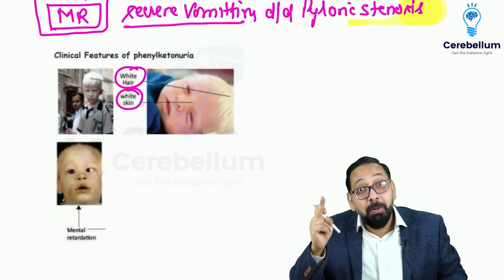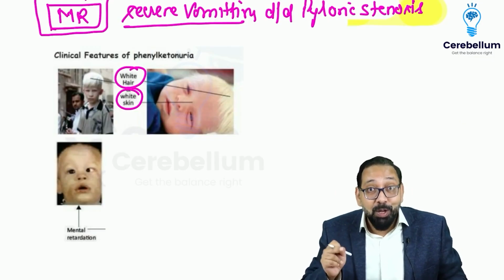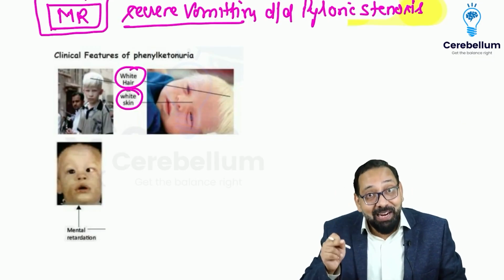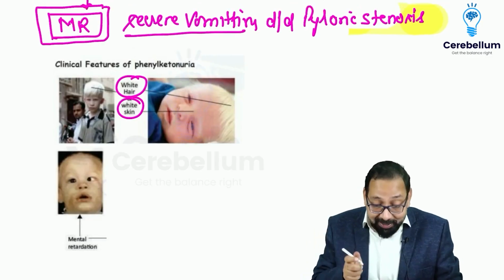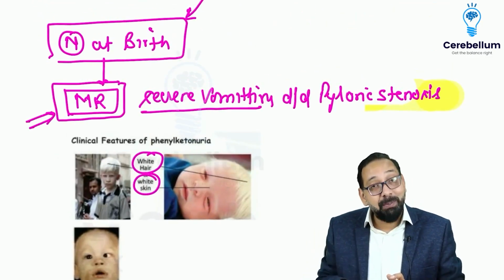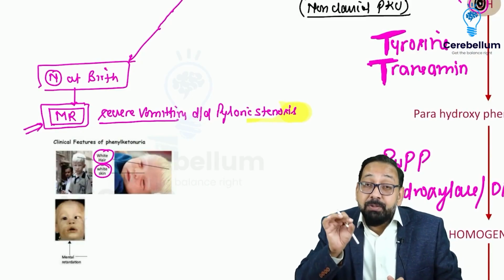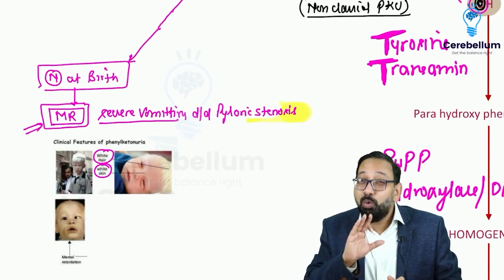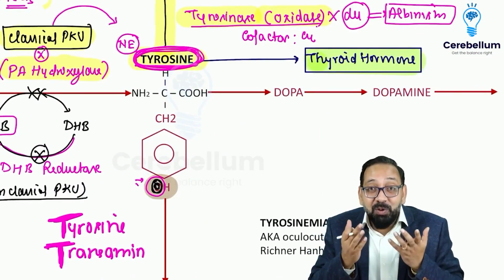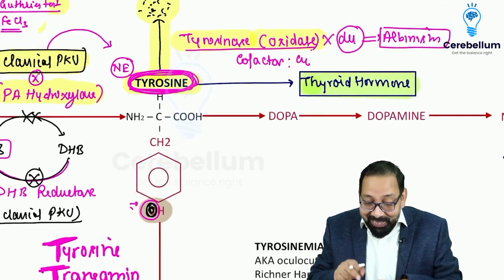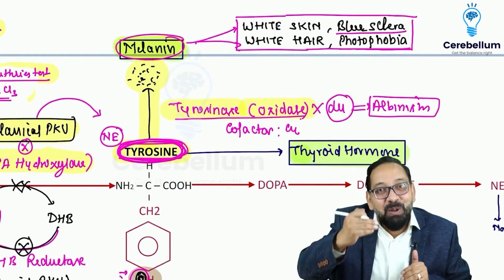Immediately you will start thinking about albinism, but they will also give mousy odor of urine, musty odor, and phenylalanine, phenylpyruvate, phenyllactate, phenylacetate increased. Yes, this is phenylketonuria. In this, mental retardation would be there and severe vomiting may be there. So in phenylketonuria, albinism-type symptoms would be there, but not so severe. Why not so severe? Because you take some amount of tyrosine from the diet. That's why it is not severe. In albinism, in spite of having tyrosine, you can't convert tyrosine to melanin.